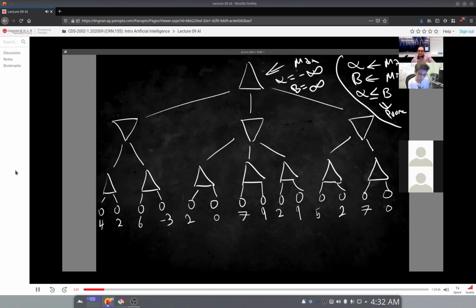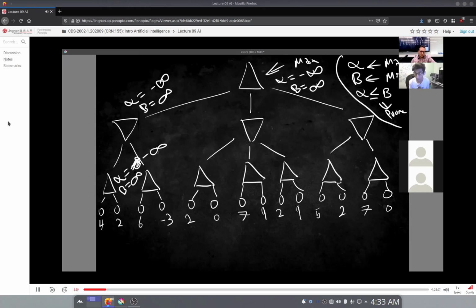We're going to transfer that value to the next node on the left hand side, where alpha is negative infinity and beta is the same, infinity. Now we are dealing with the terminal node. Is 4 larger than alpha, negative infinity?